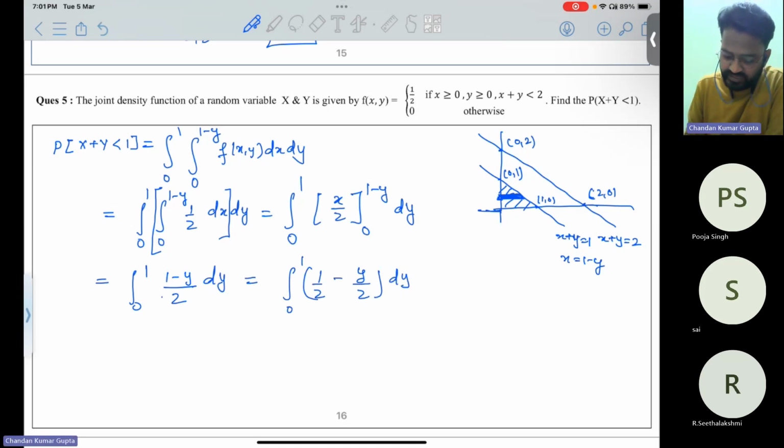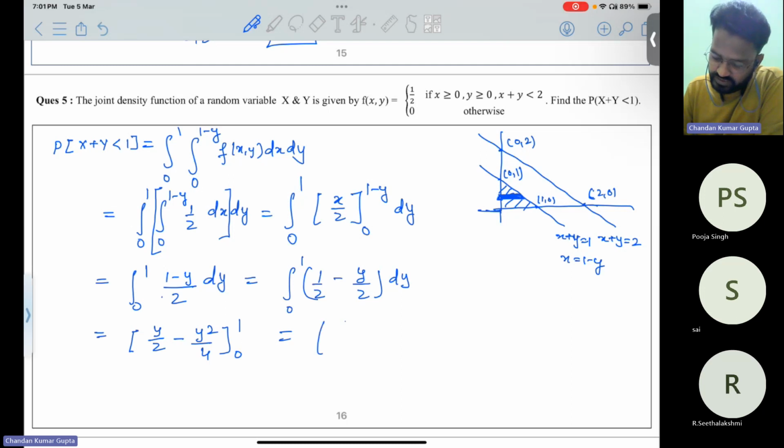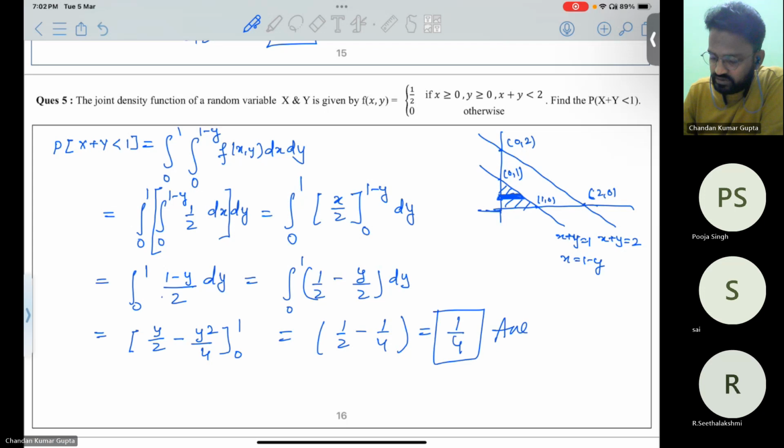This is calculated as y by 2 minus y square upon 4, from 0 to 1. Taking the value at 1, it is 1 by 2 minus 1 by 4, which is equal to 1 by 4.